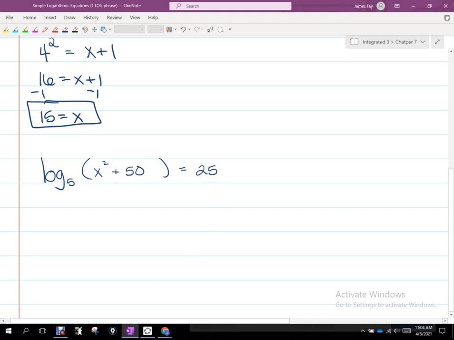Let's see what that one looks like. No, not 25, 2. I'm getting ahead of myself. Right that way. Log base 5 of x squared plus 50 is equal to 2.